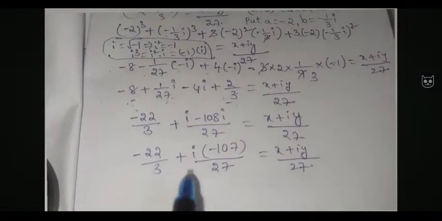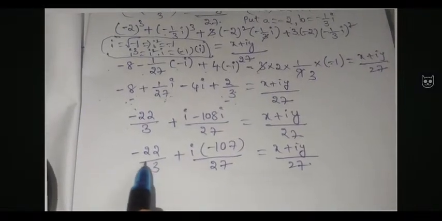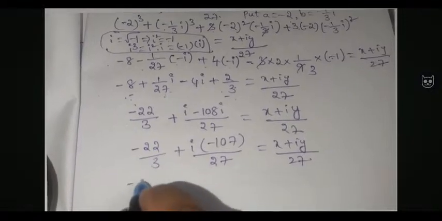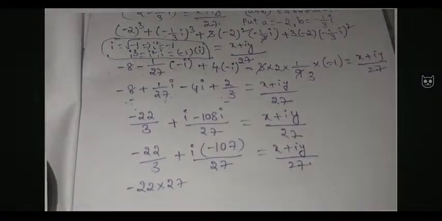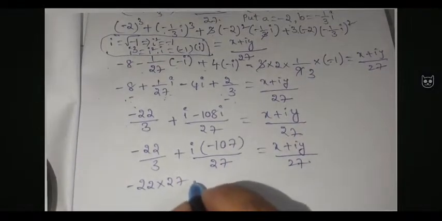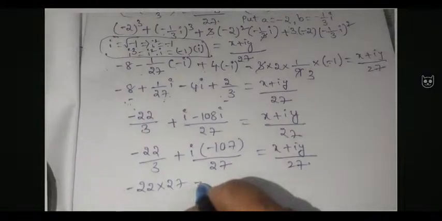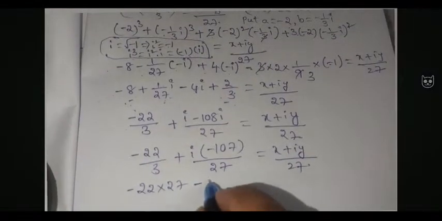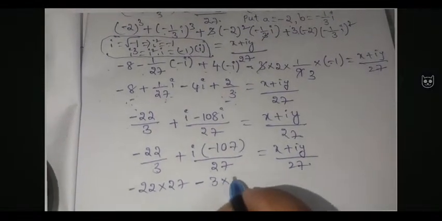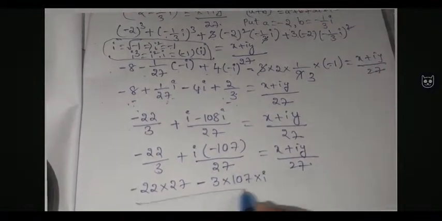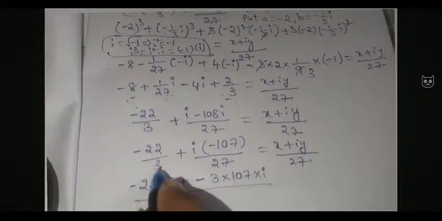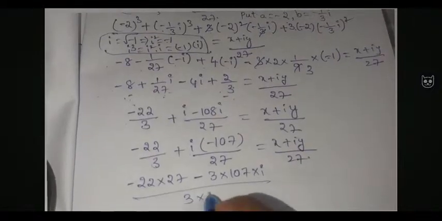Now again take cross multiplication: minus 22 into 27 and minus 3 into 107 into i divided by denominator 3 into 27.